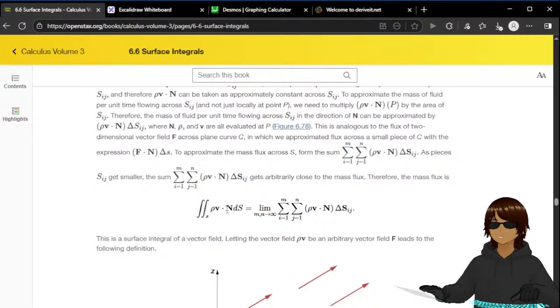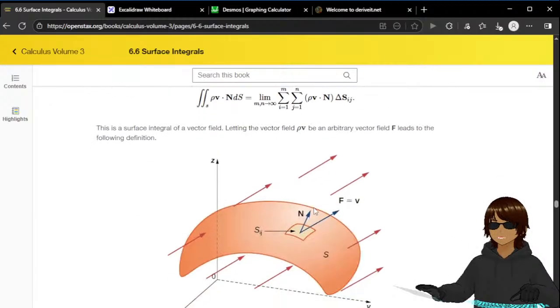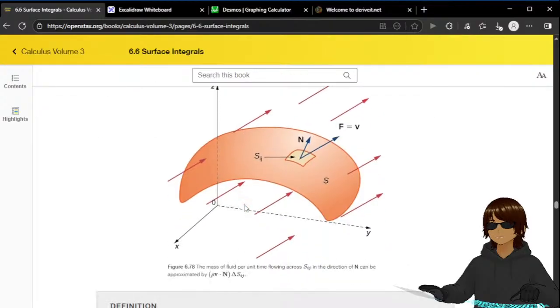Therefore, the mass flux is the double integral over S of this. This is the surface integral of a vector field. Letting the vector field rho v be an arbitrary field F leads to the following definition.